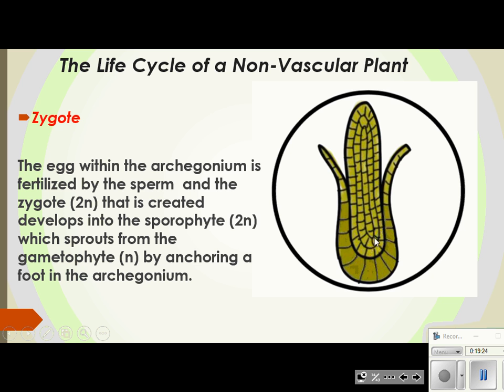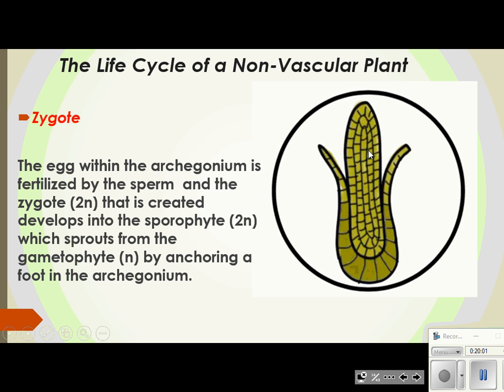It's fertilized by the sperm, and it grows, and it develops into the sporophyte. So, when we had that very first picture where we had the spores coming out of the sporophyte, we have both the gametophyte and the sporophyte stage.